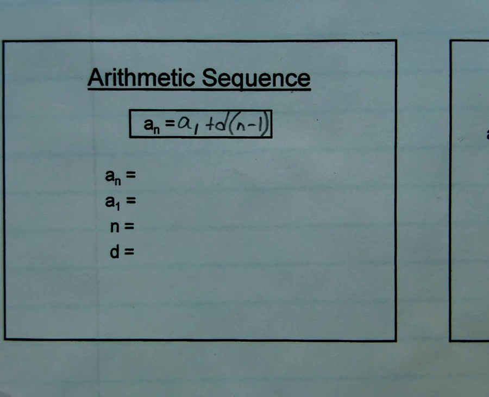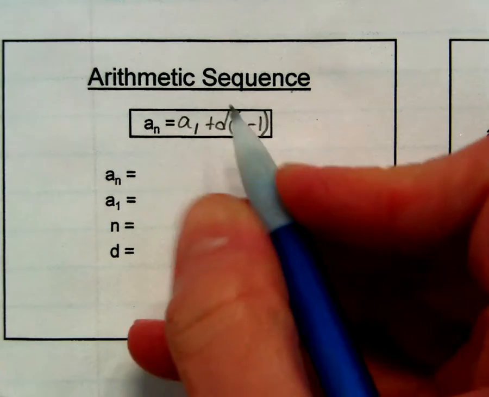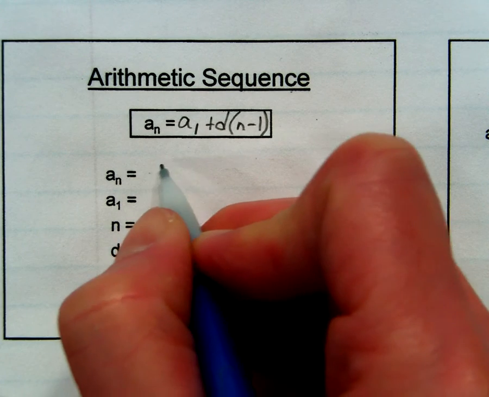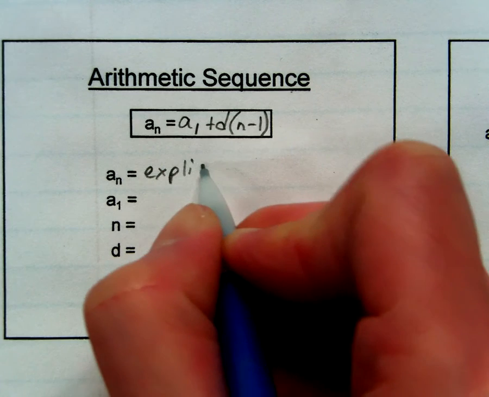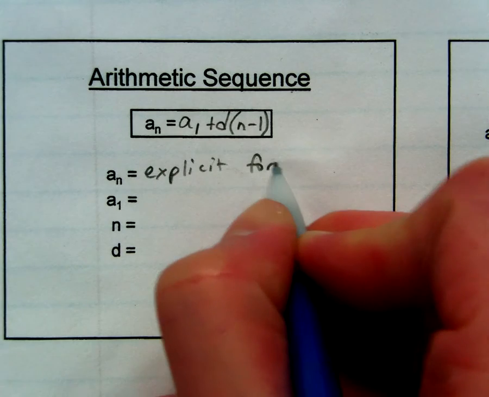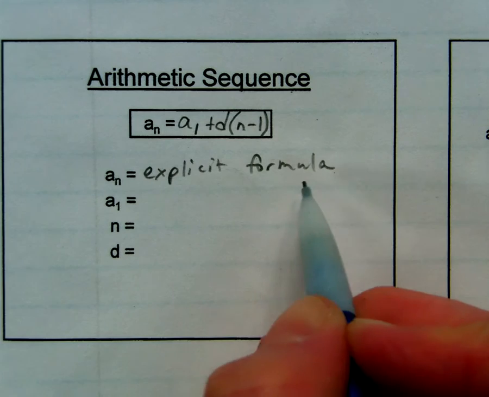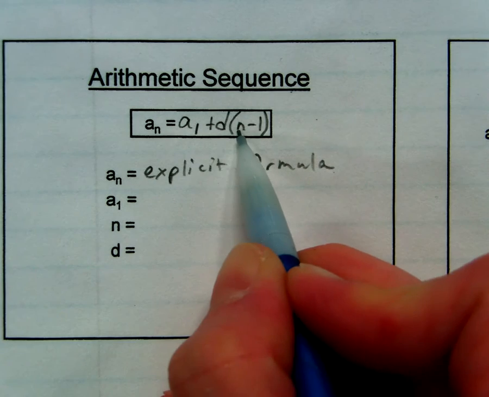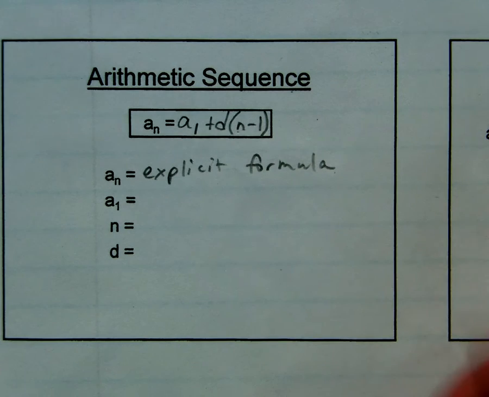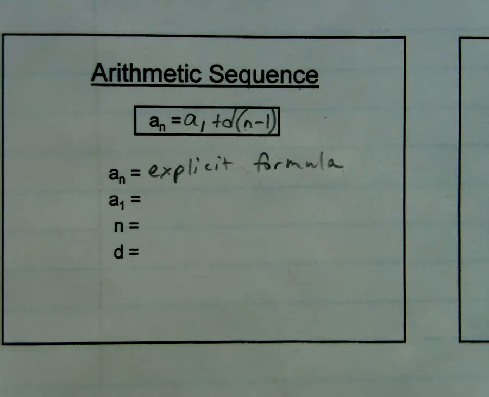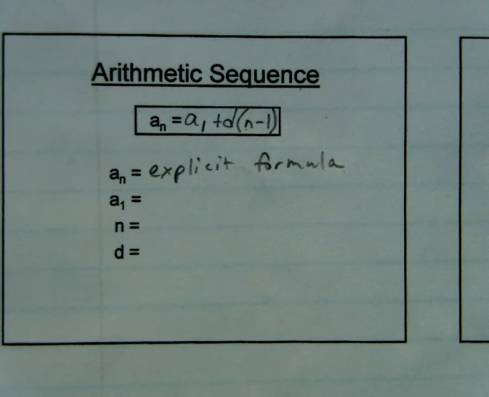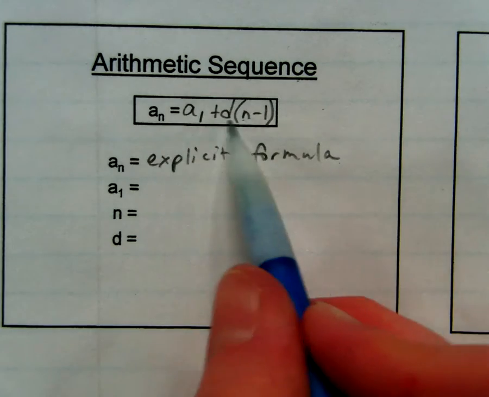A_n is just the notation for the formula, and they call this an explicit formula, which just means that you put in what term you want, and you'll get the answer. It's not the recursive ones that have the really funny setup that we had yesterday. It's just the straightforward formula.